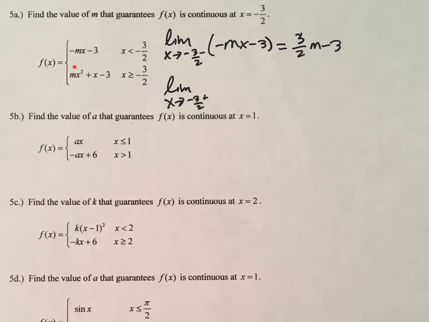So I'm going to take x and replace it with negative 3 halves. So I'd have negative 3 halves squared times m, and then plus negative 3 halves. I guess I could have just written minus 3 halves minus 3.